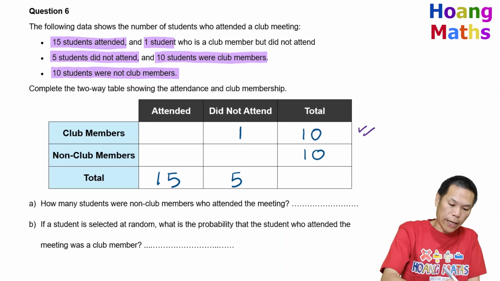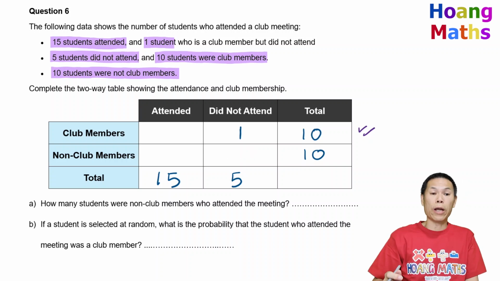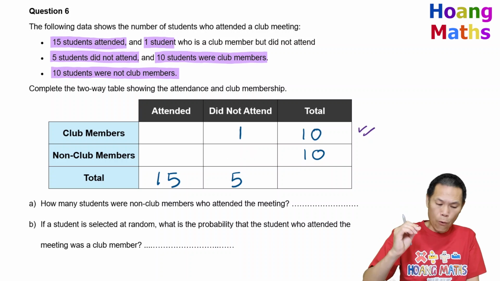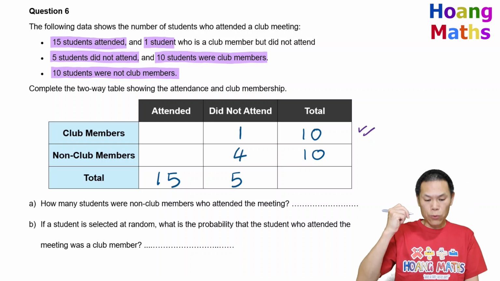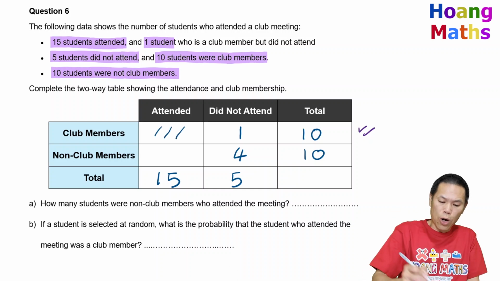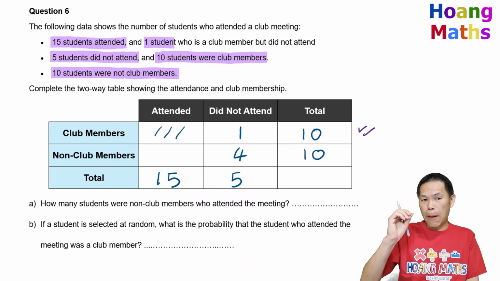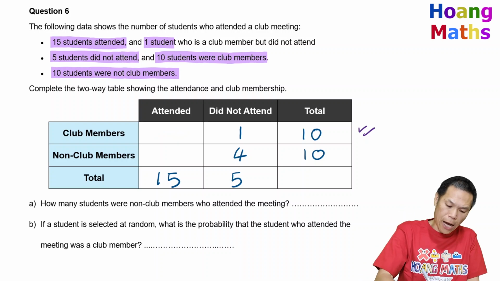So first of all, I can work out this box here by 5 minus 1, because 1 plus 4 is 5. So 5 minus 1 is 4. So 4 here. And we need to work out the rest of the boxes. So we work out a number plus 1 gives me 10. So therefore 10 minus 1 is 9.